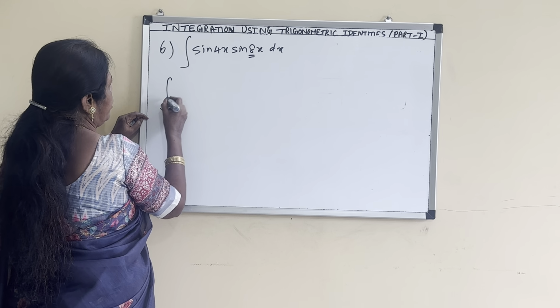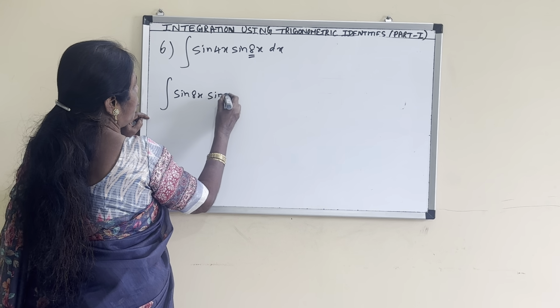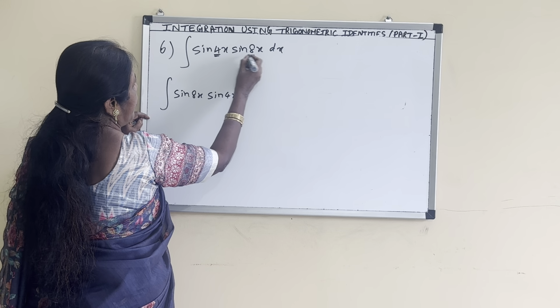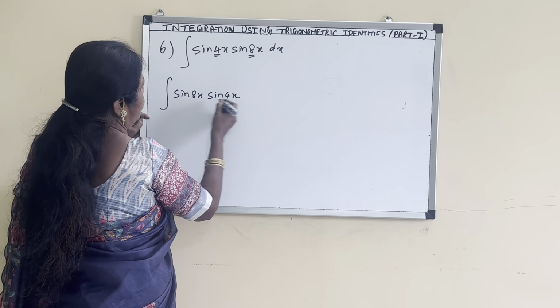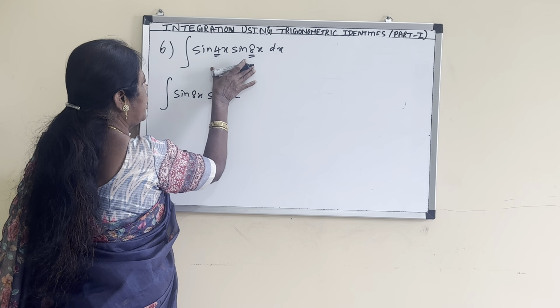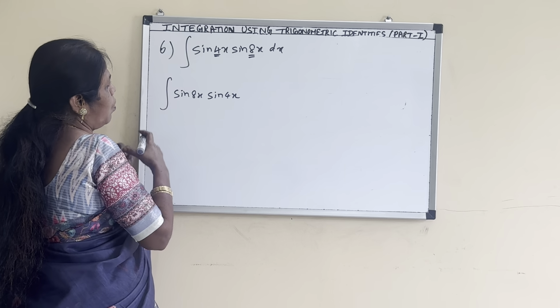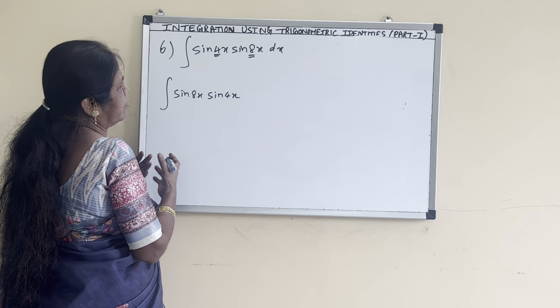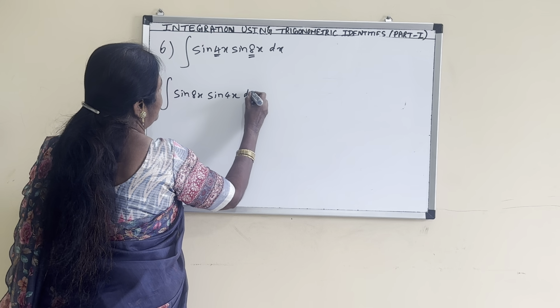So integration of sin 8x into sin 4x, since 8 is greater than 4. Or you can keep the question as it is also, but you must know that sin of minus x is minus sin x and cos of minus x is cos x, into dx.